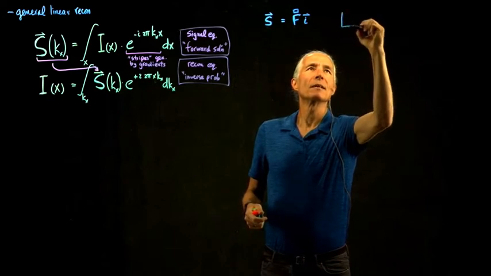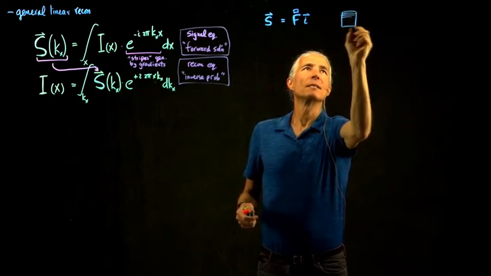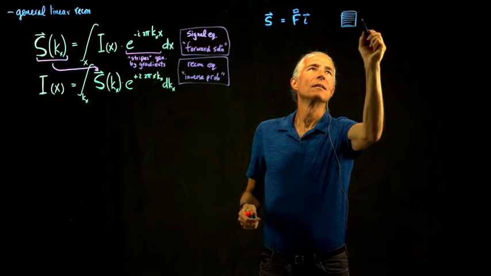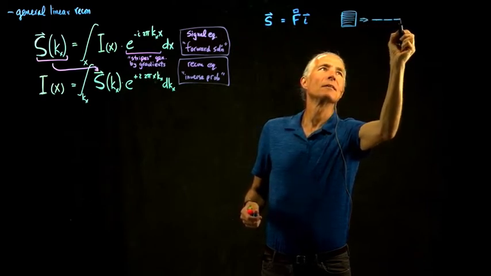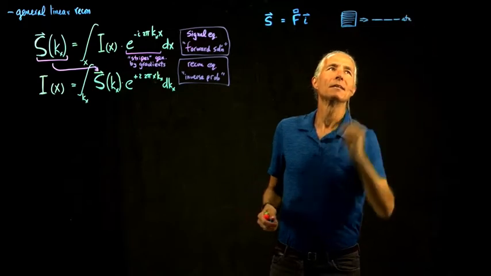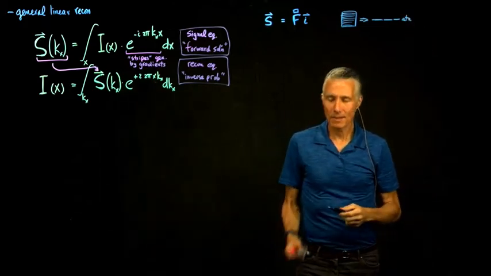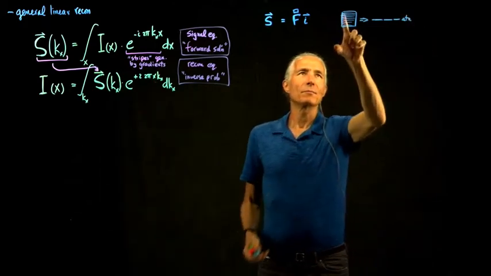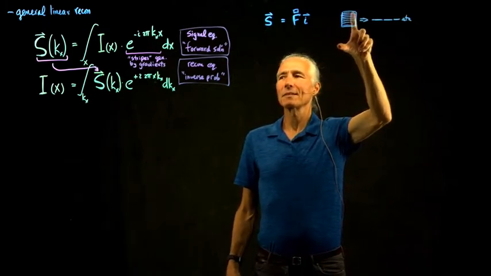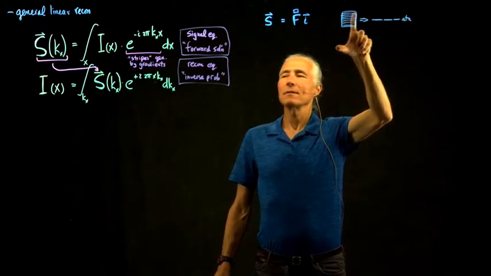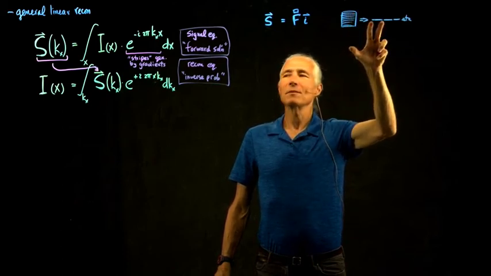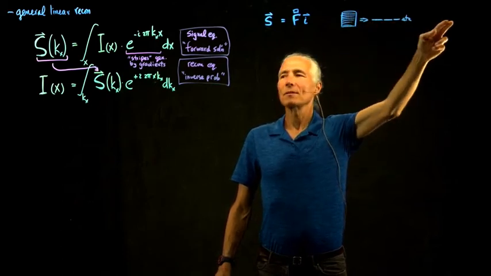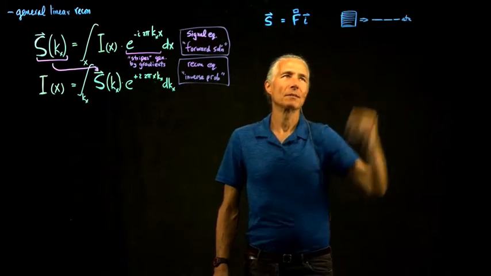Well, here's your 2D image. You would just string it out into something like that. So if it was 64 pixels wide times 64, you would just have a 64 times 64 entry vector.